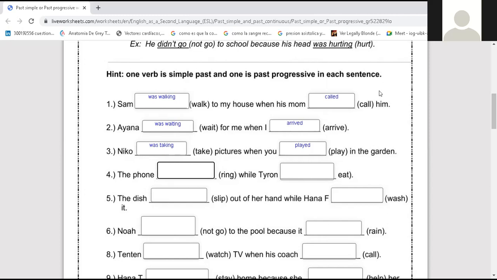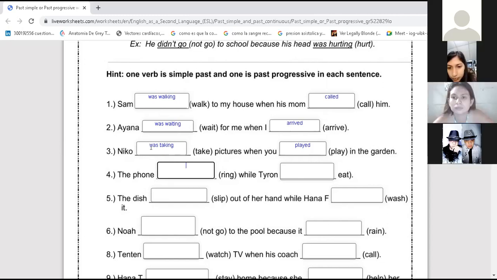In this case, both sentences are in past progressive because both actions were happening at the same time. So sometimes you have to try to find the logic of the sentence and try to understand the sentence. Of course, try to understand the sentence in English, because if you're trying to translate it to Spanish, that can confuse you.